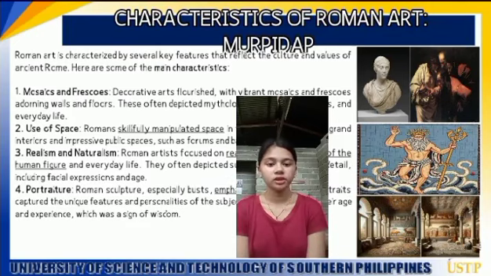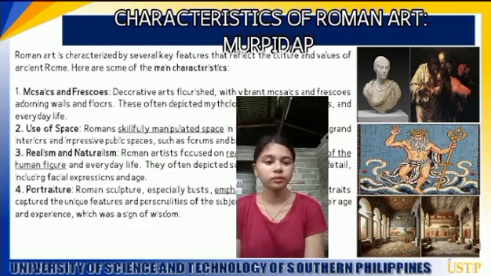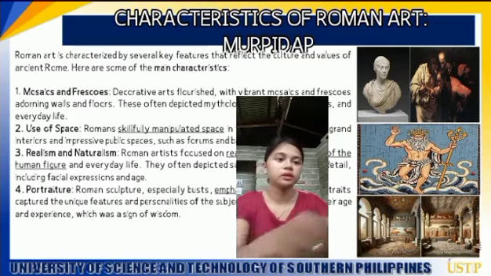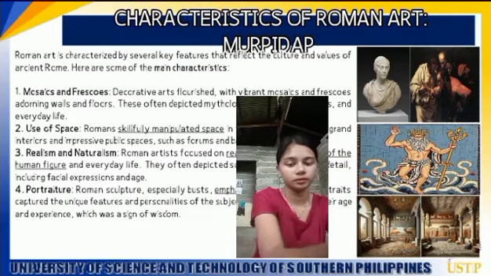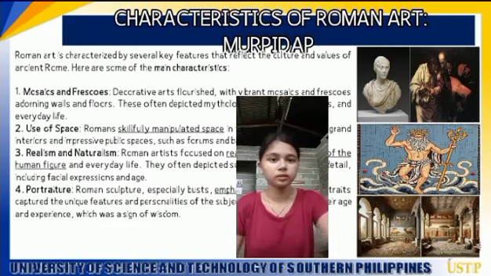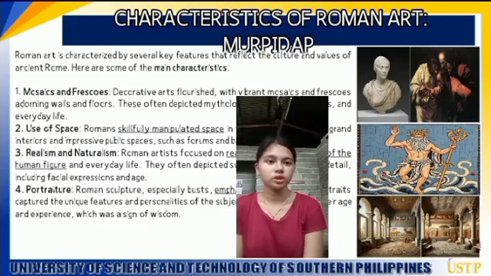Realism and naturalism. These are literary and artistic movements that both aim to accurately depict the real world, but they have different focuses and methods. Realism depicts everyday people and situations as they are, without idealizations.